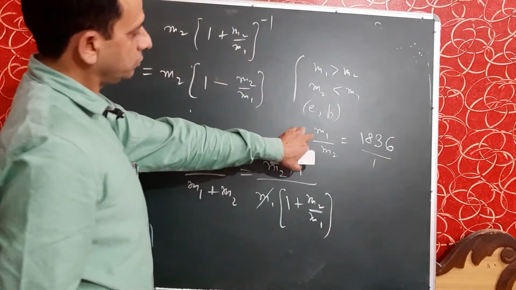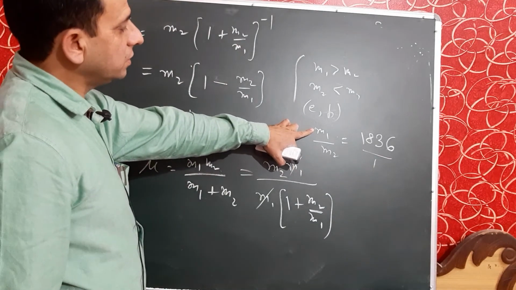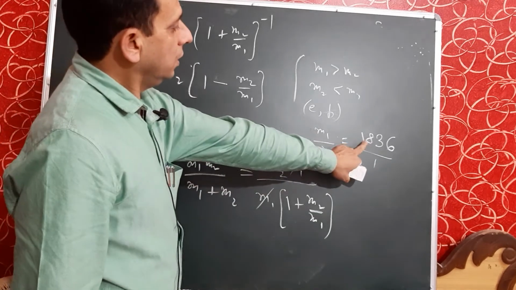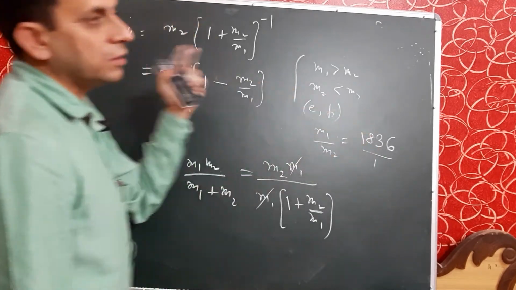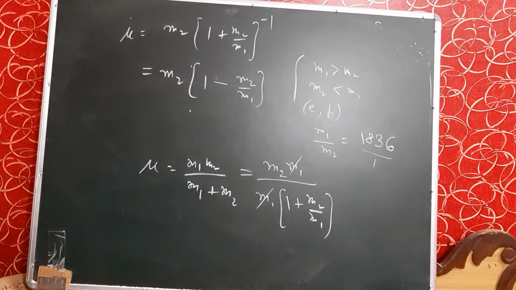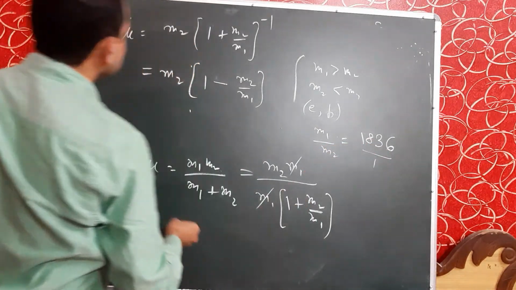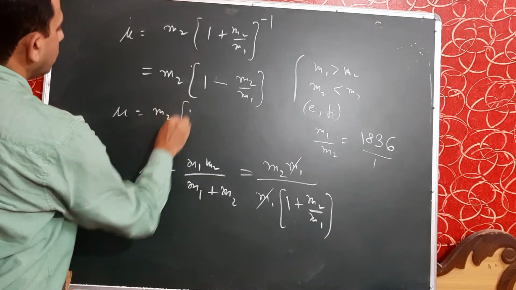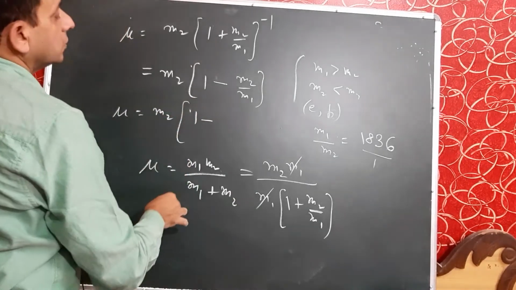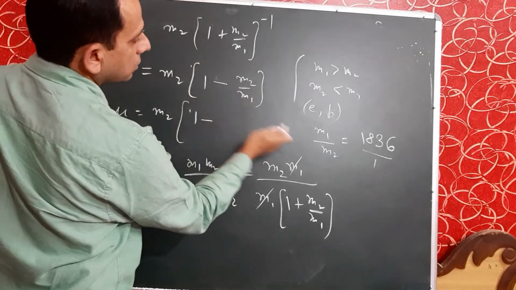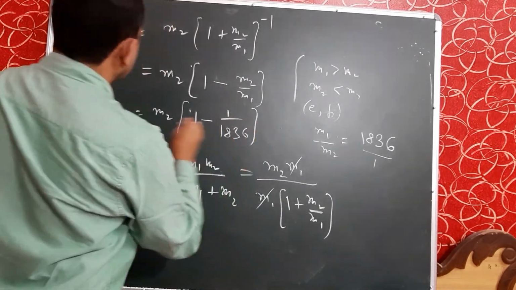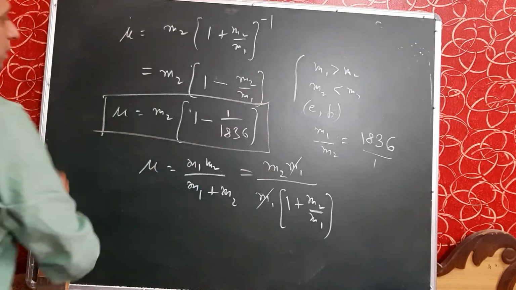The mass of the proton is heavier than the mass of the electron by 1836 times, so this ratio is constant and fixed. So μ = m2 (1 - 1/1836). This is the reduced mass.